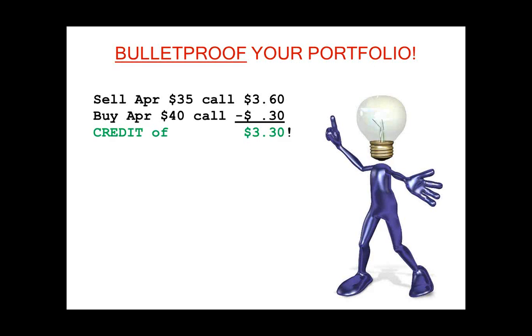I get paid $3.30. But if the stock goes up above 40, I'm going to lose $5. What that really means is a risk of 170, doesn't it, Mike? Because I collect $3.30 and then I have to pay back $5. So it's $1.70 out of pocket. That's the worst that it could get.